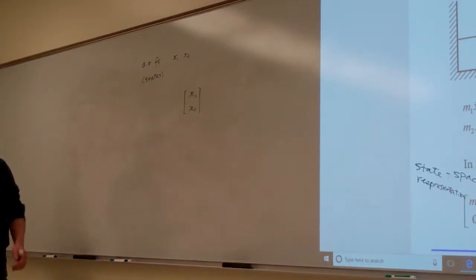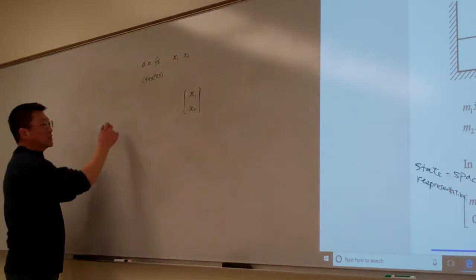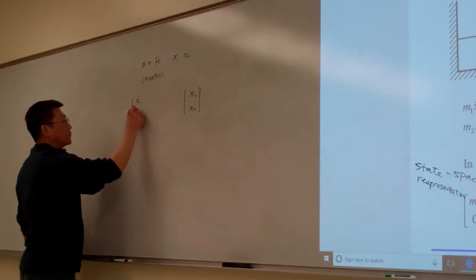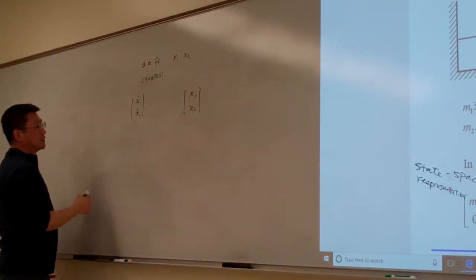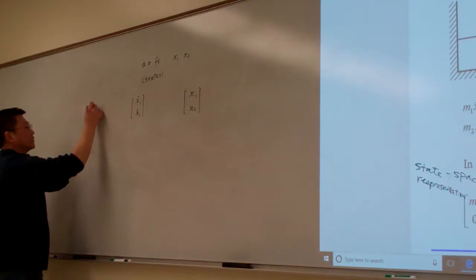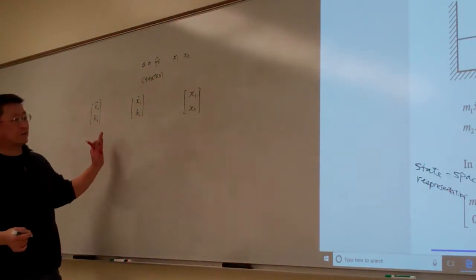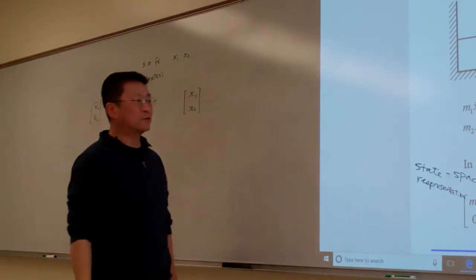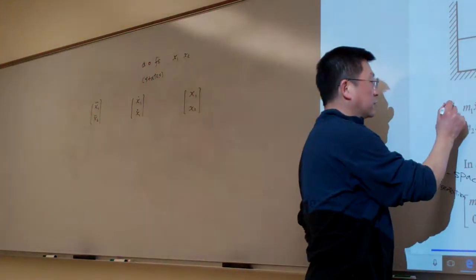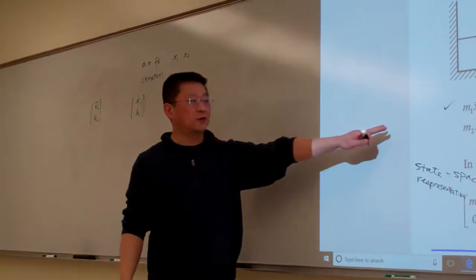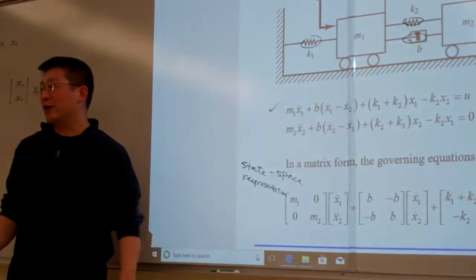And because these are dynamic systems, we have the state, the first derivative of the state, and the second derivative of the state. Okay, so right now we have things aligned, and then we try to build up this equation into that form, and right now we want to convert this one into the algebraic form.